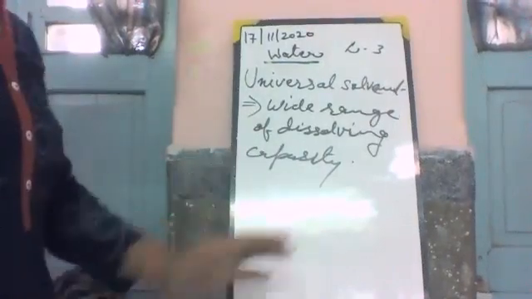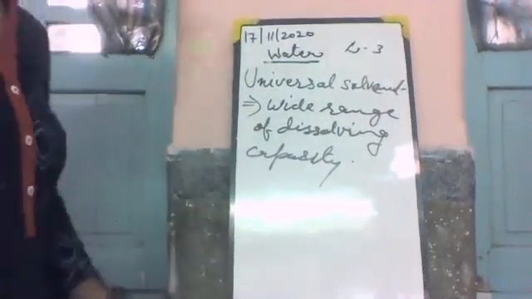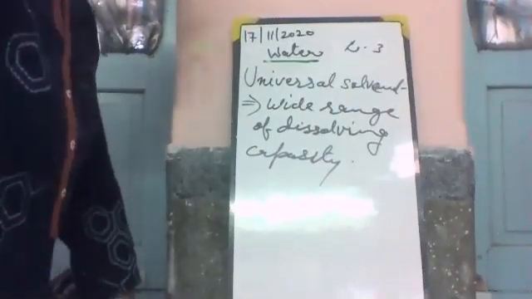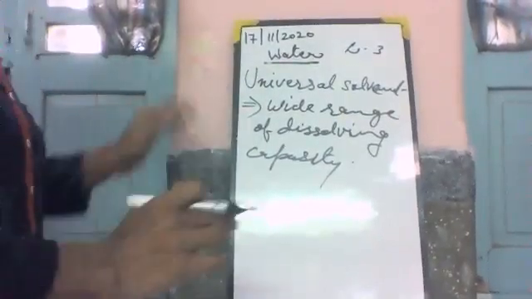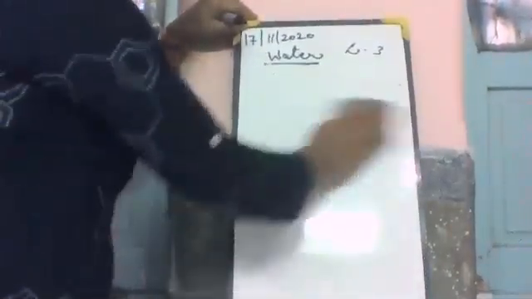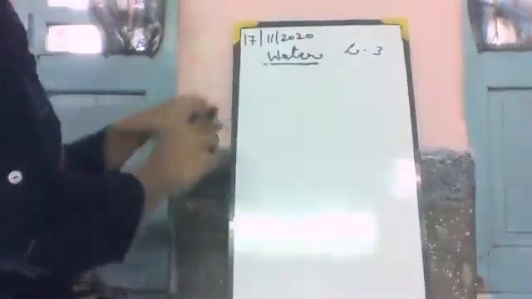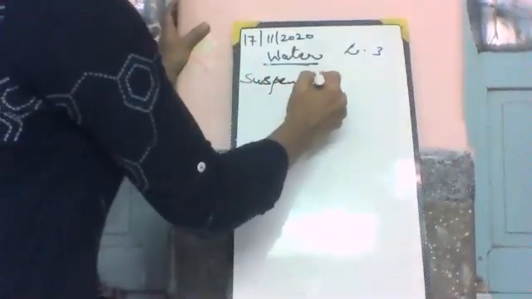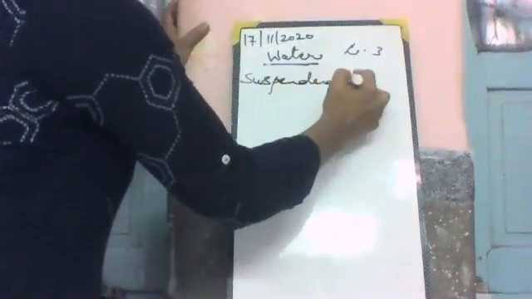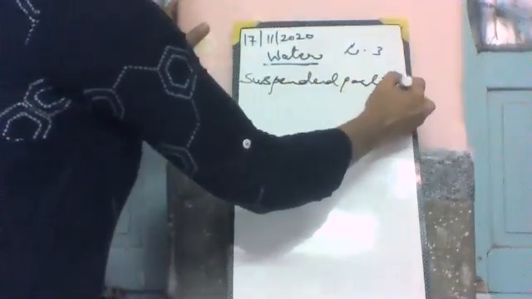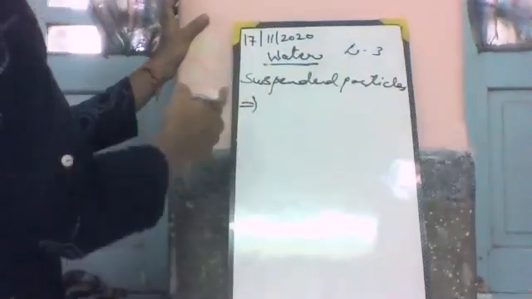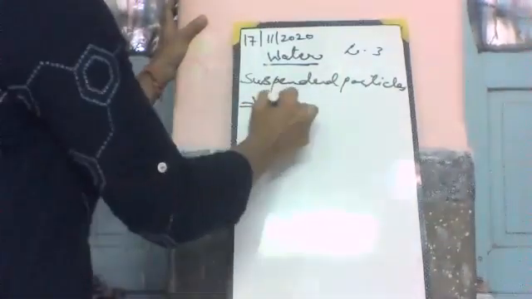Water we use for drinking is purified water. There are three kinds of impurities. Suspended particles are separated from the water by filtration.